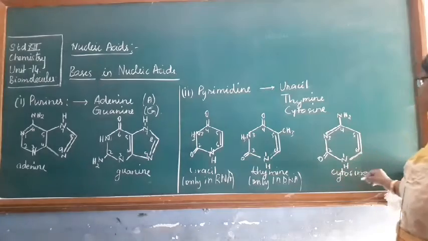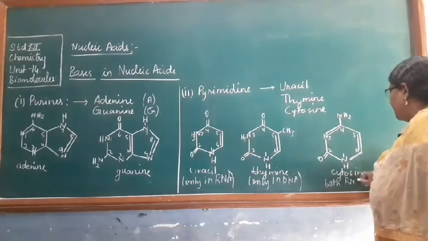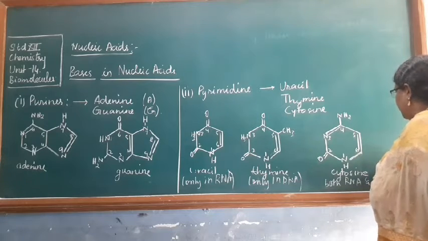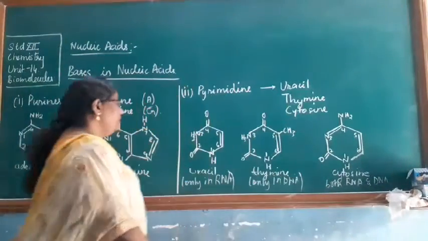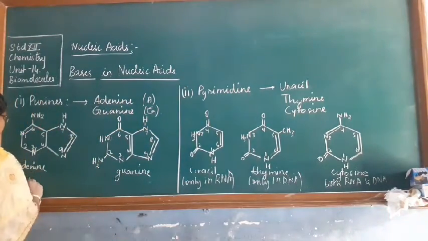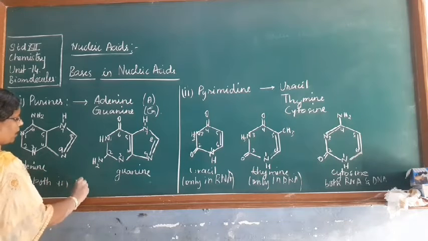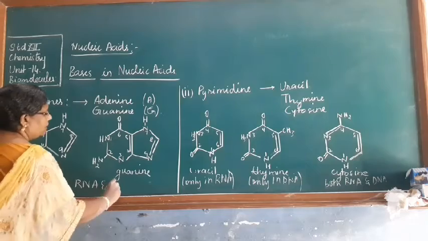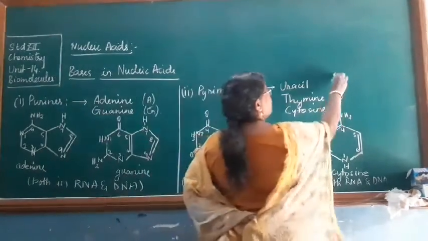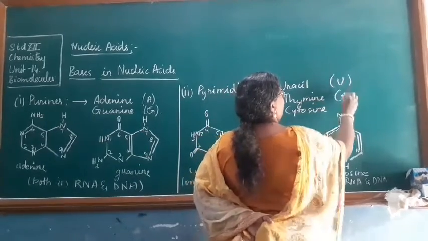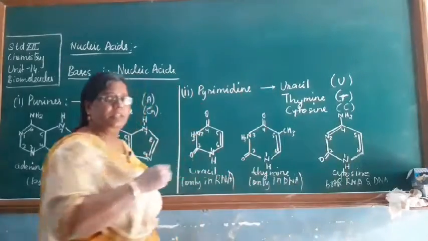Cytosine will be found in both RNA and DNA. Similarly, adenine and guanine will also be found in both RNA and DNA. Followed everyone? Uracil is represented by U, thymine by T, and cytosine by C.